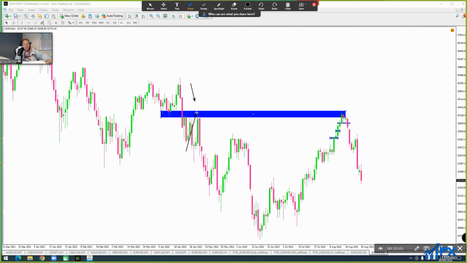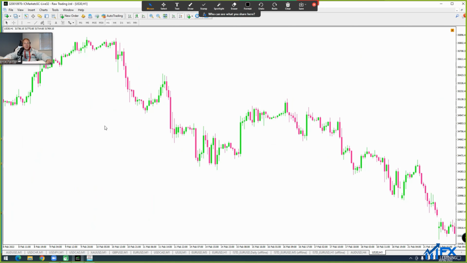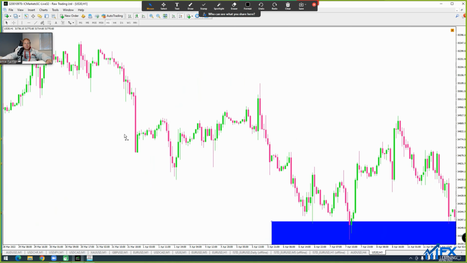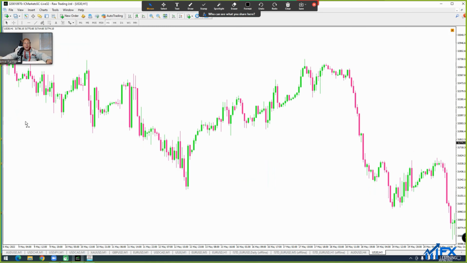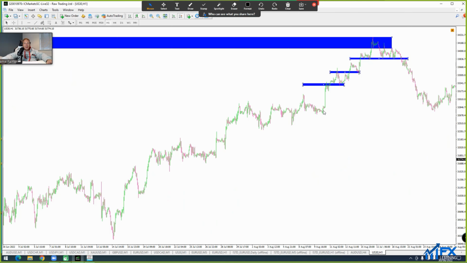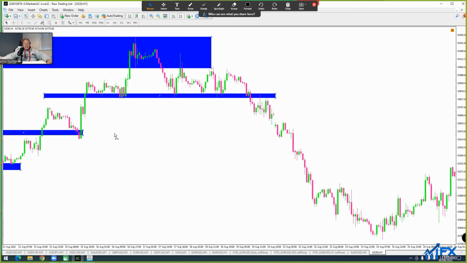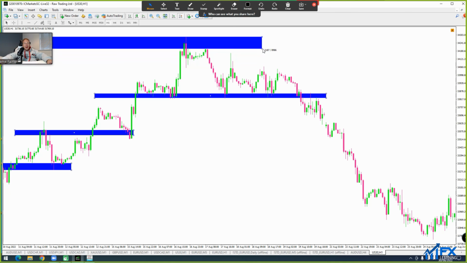You can see how price came up, it came down, and again here how price came down to it and bounced off it. So price came up to this level on the daily and literally just sold it. And what you get here is that area that traps buyers and sellers.